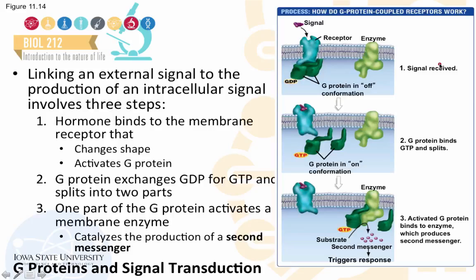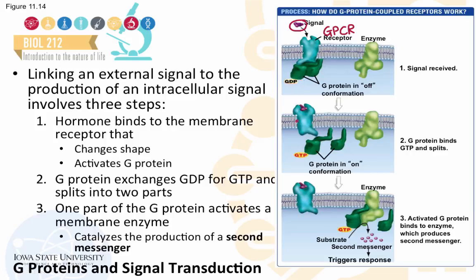So how do G proteins transduce signals to the inside of a cell? When an external signal binds receptors called G protein coupled receptors, a change in these receptors activates the G protein, which is initially in the off conformation and is bound to GDP.